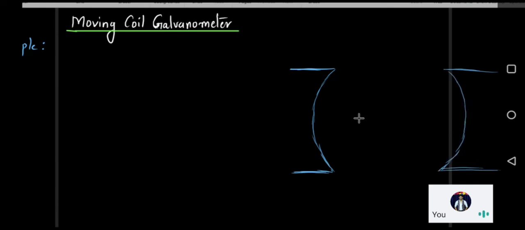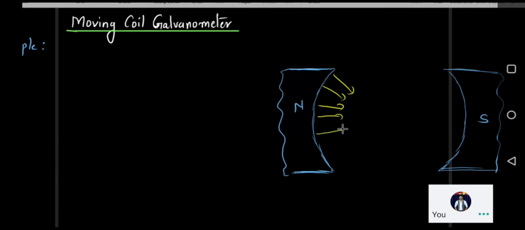Let's say this is the north pole, and this is the south pole. Why are these curved surfaces given? Because in this case we want our magnetic field to be concentrated. I want all my magnetic field to be concentrated at one point, something like this.